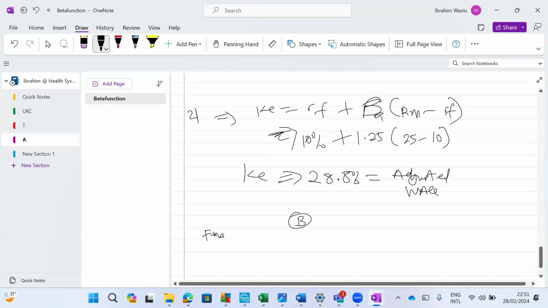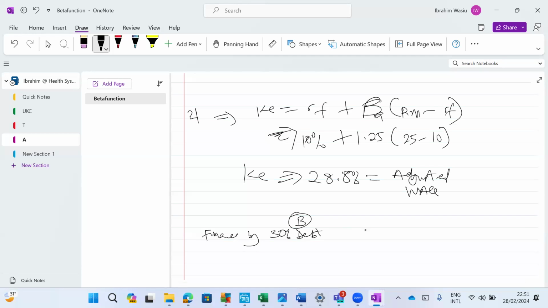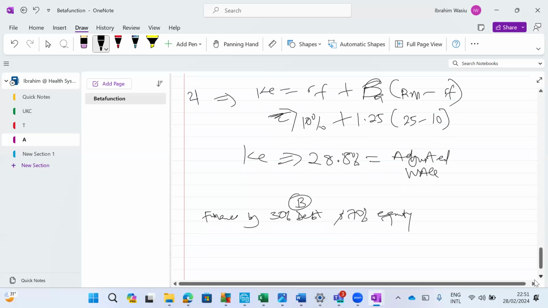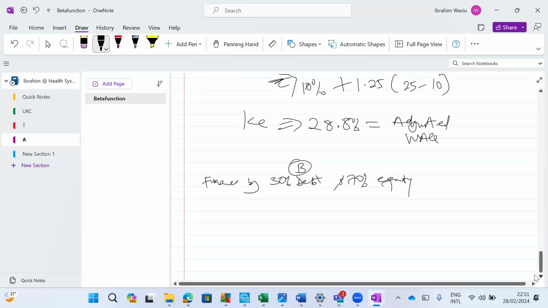Financed by 30% debt and 70% equity. We already have our business beta.